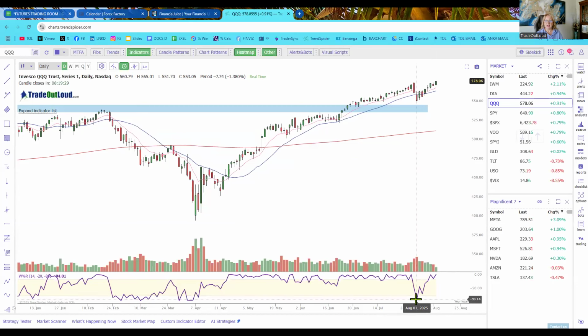This was a little bit bizarre for me, but it came into a massively oversold level. That gave me a little bit more confidence to add or initiate new swing trades. And here was the big add.